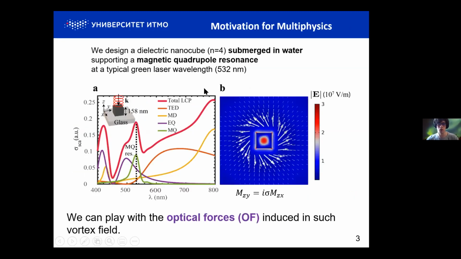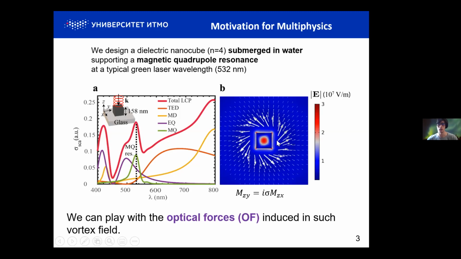So what I was saying before, what did we do in our project? We designed a dielectric cube that we place over a substrate and submerge in water. And we optimize its optical response to a specific frequency point. There is no need to explain a lot about it.